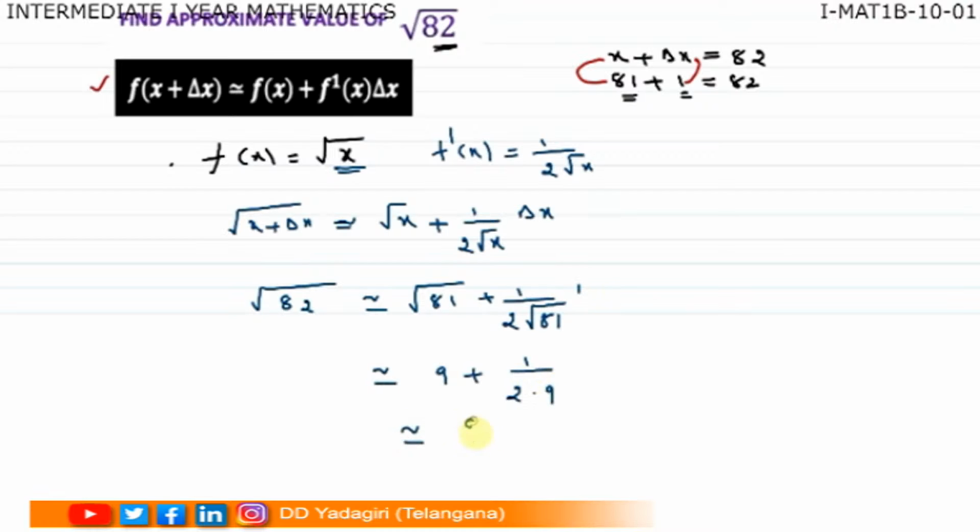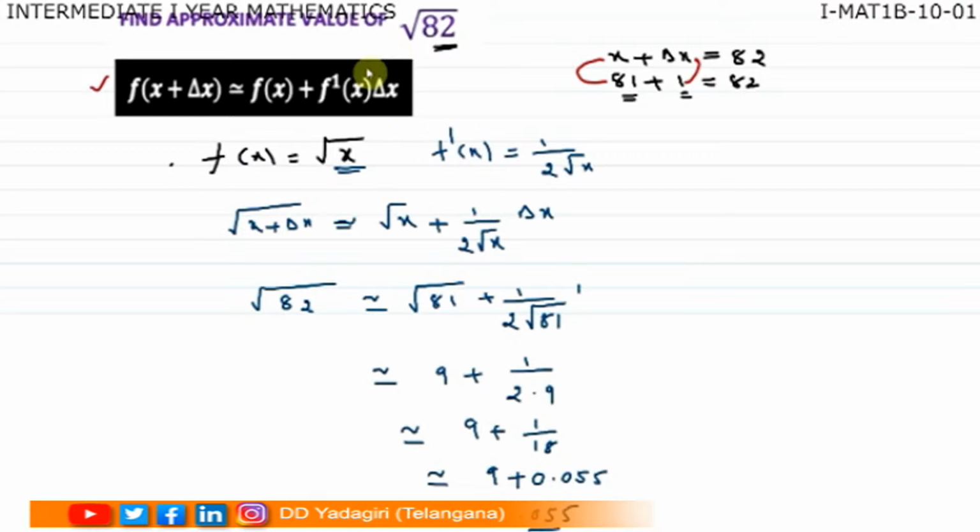So approximately equal to 9 plus 1 by 18. Approximate value of 1 by 18 comes to 0.055 on simplification. Adding this to 9, we get 9.055. This is the final answer. So the approximate value of root 82 is 9.055.